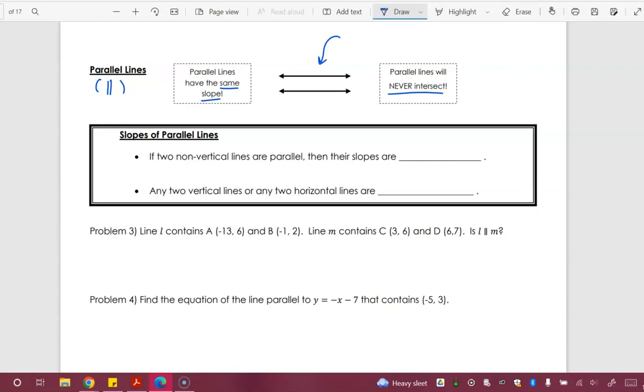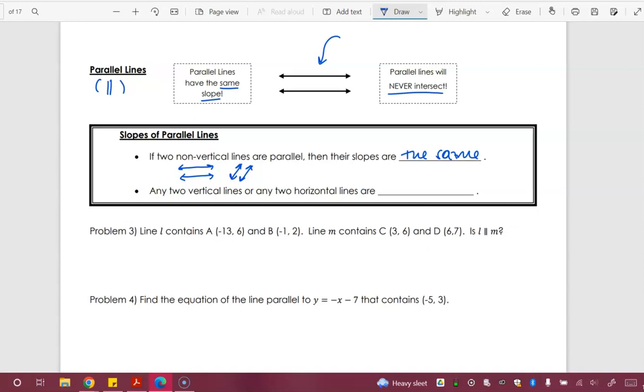So slopes of parallel lines: if two non-vertical lines are parallel, then their slopes are the same. It doesn't mean they have to be horizontal, they could go like this too. They just have to have the same slope.